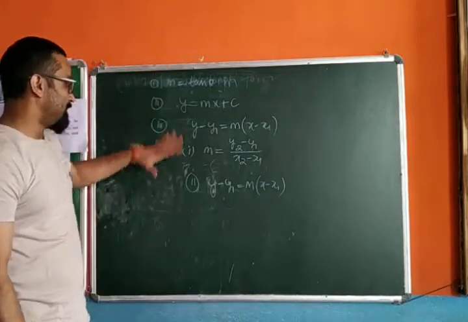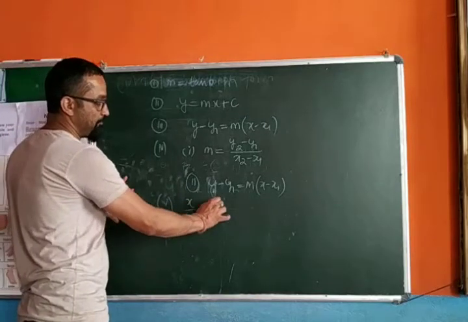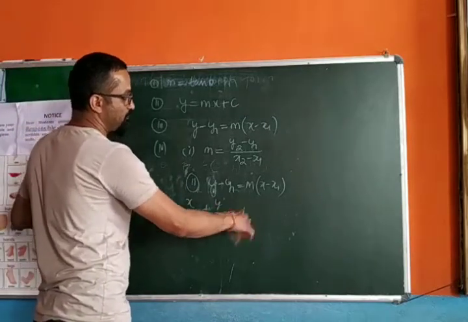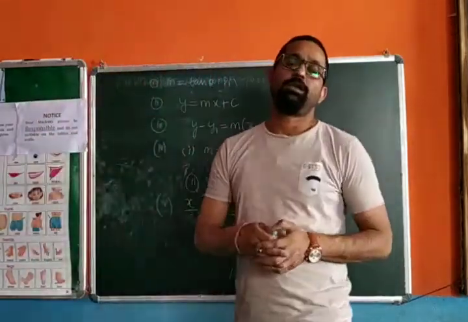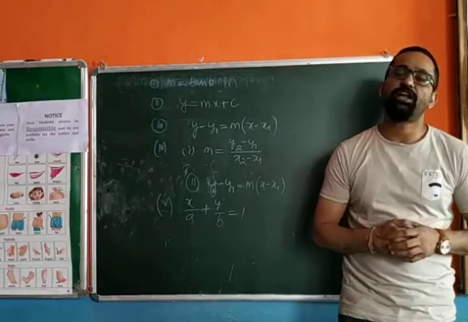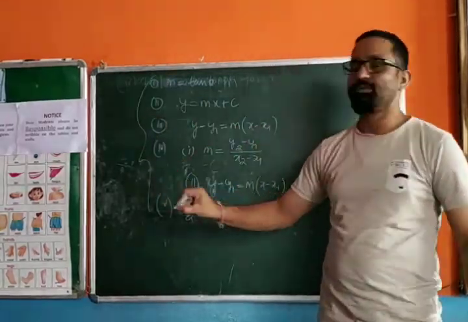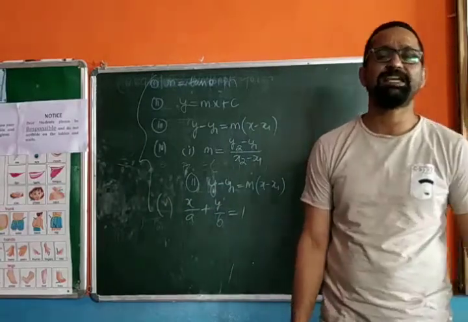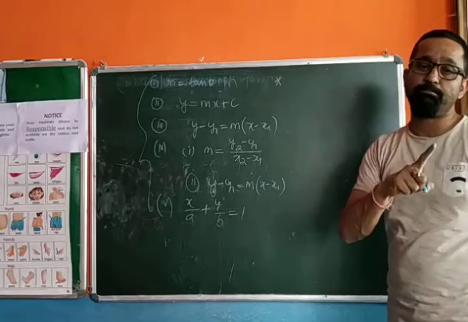And the fifth one is x by a plus y by b is equal to 1. So these are the 5 formulae you'll be needing to solve the sums from equation of straight line, and it's not difficult. You just need to remember this. You can easily calculate.